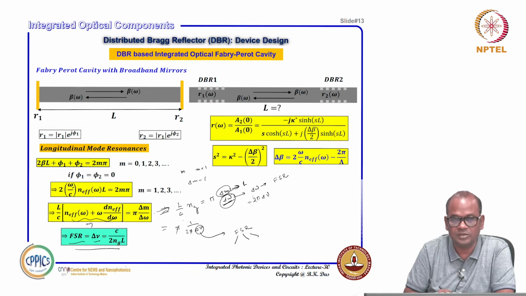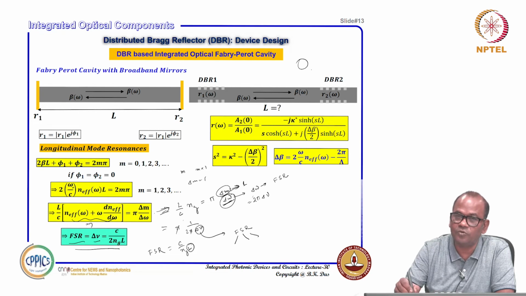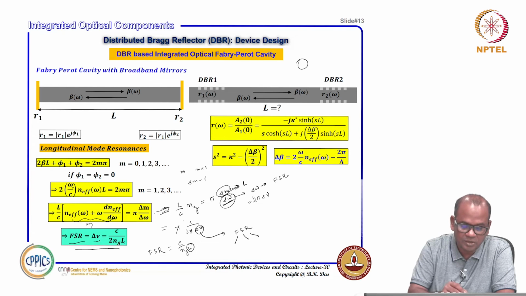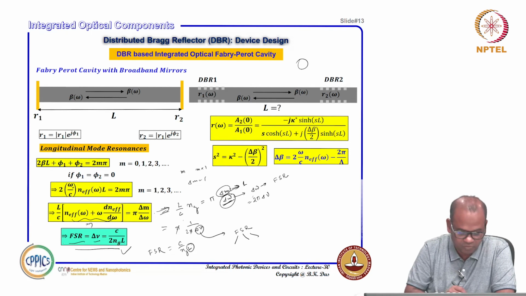You remember that we have derived FSR for the micro ring resonator as C by Ng L. L in that case is the ring resonator's total perimeter, and in this case the total round trip is 2L, that is why the same expression is coming. So you are getting the free spectral range.